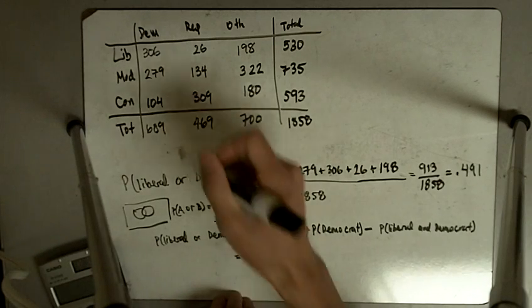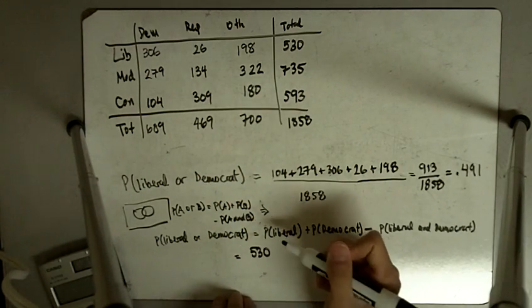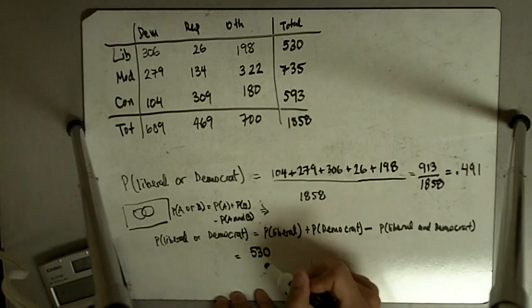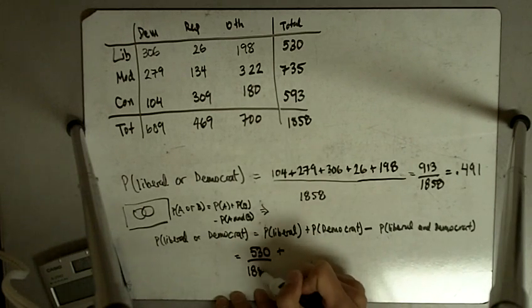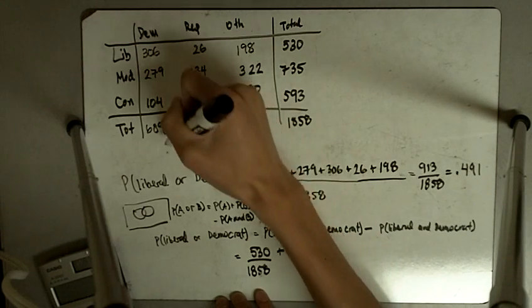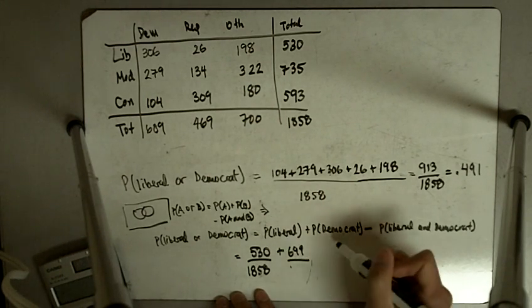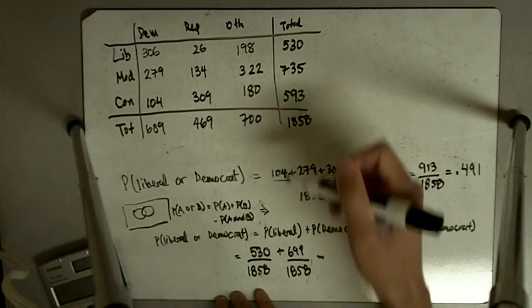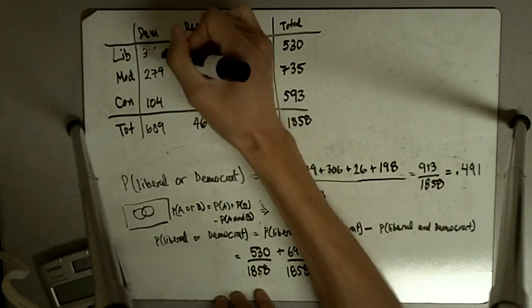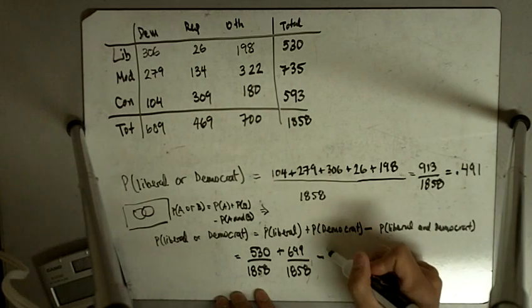So the probability of being liberal, we have 530 people who identify themselves as liberal out of 1858. Plus we have 689 people who identify themselves as Democrat out of 1858. But if we add this number and this number, I've double counted this group of 306.